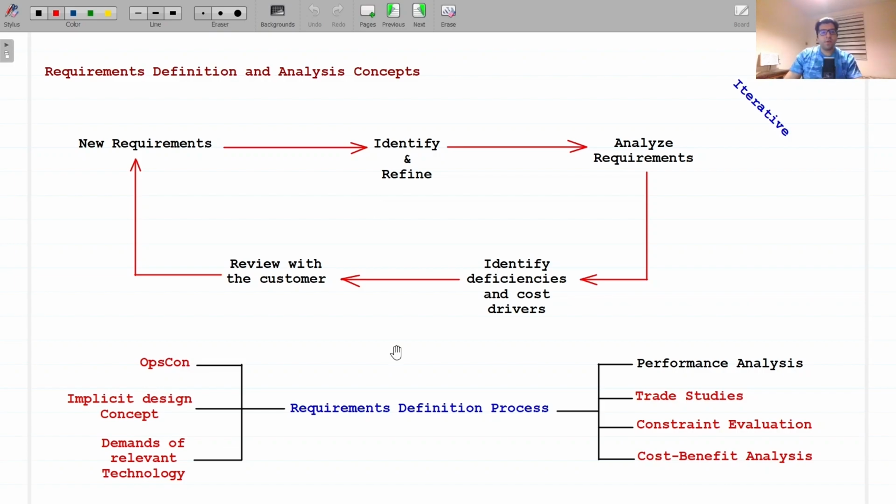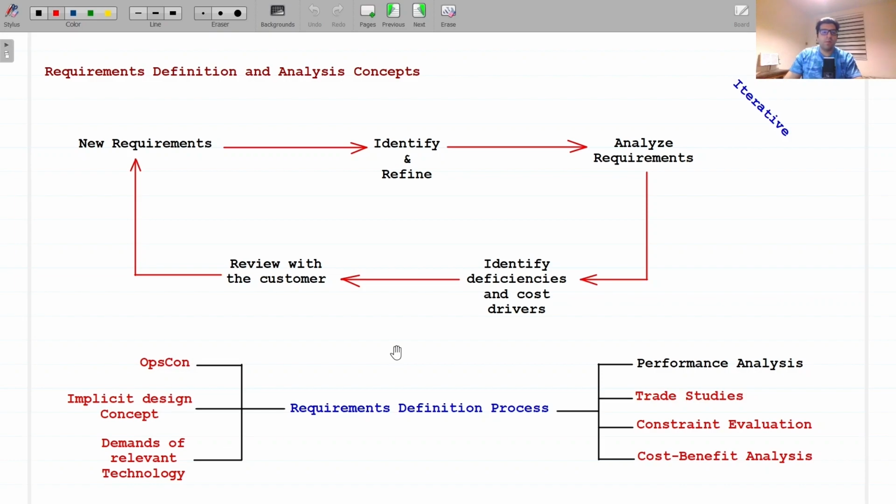This complex process employs performance analysis, trade studies, constraint evaluation, and cost benefit analysis. System requirements cannot be established without determining their impact, achievability, and lower level elements.